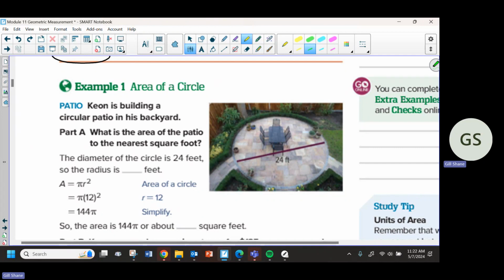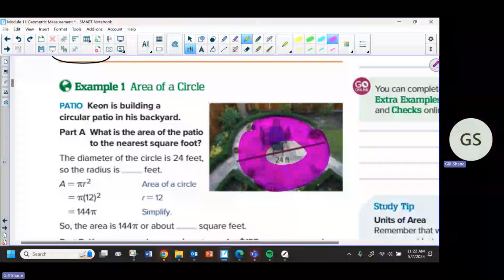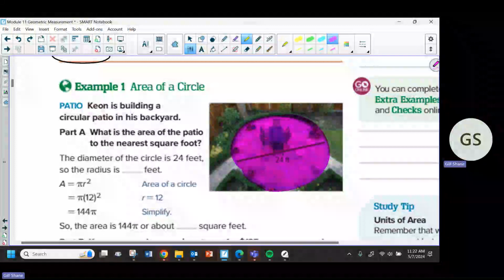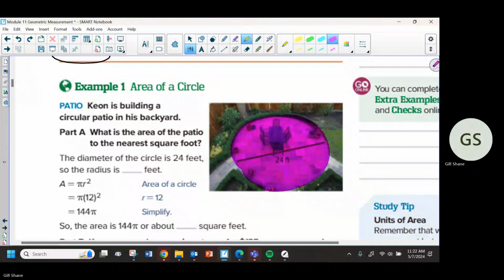Area is the whole space inside. So that would be the area of that circle. If we could measure all the space inside, that would be the area. And it's measured in square feet or squares, like it has a little squared symbol on the end, or they'll say square feet sometimes. That's because we're squaring that r. That's the only reason they call it square feet.